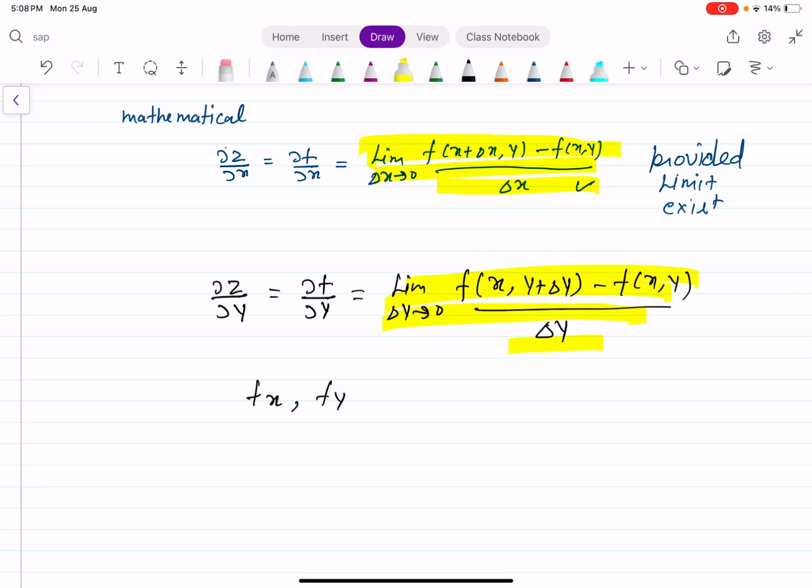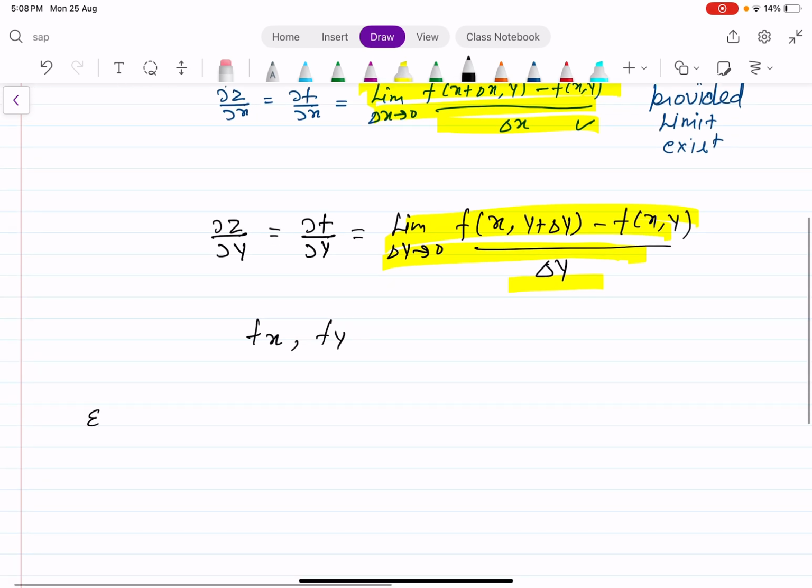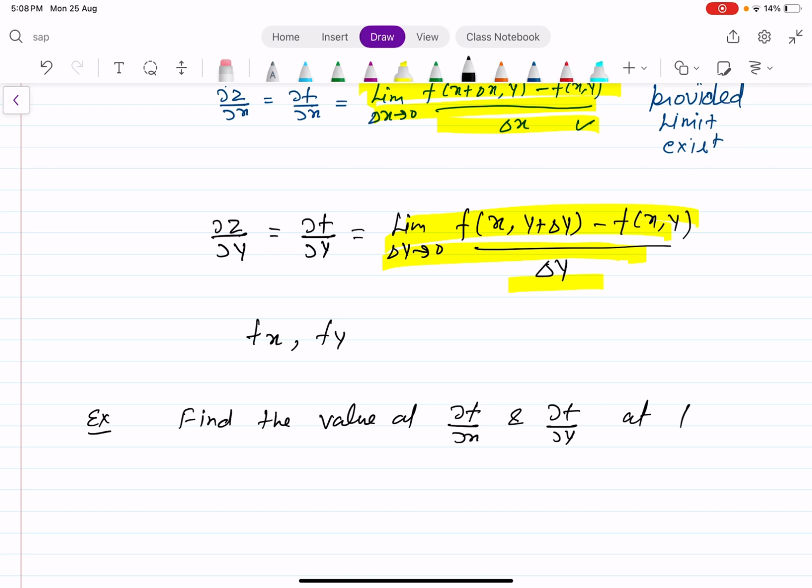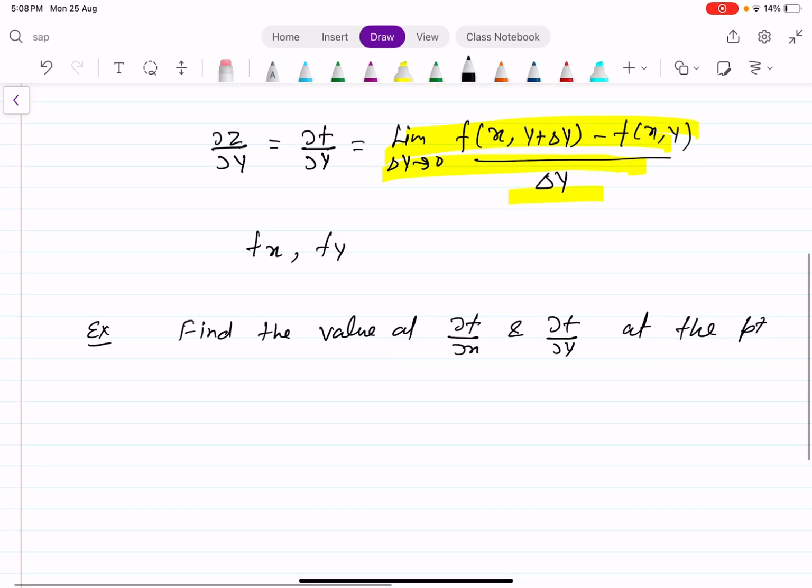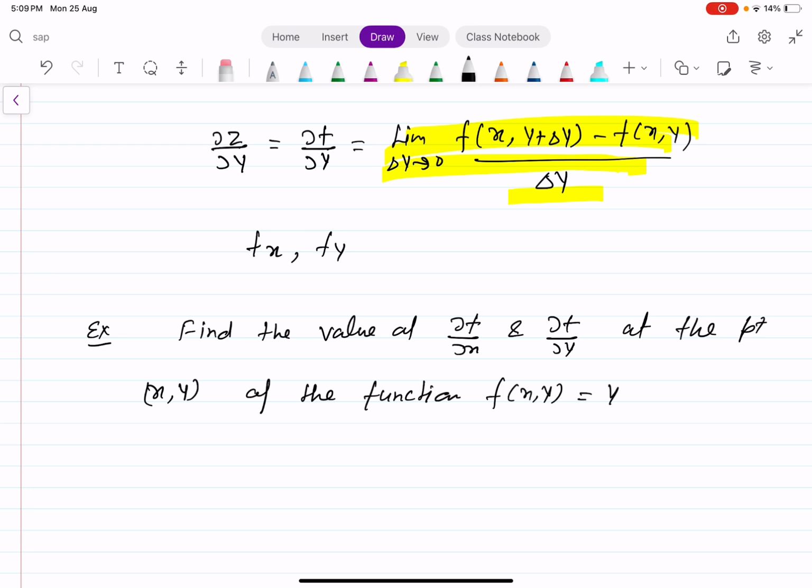Now let's do one example. Find the value of del f over del x and del f over del y at the point (x, y) of the function f(x, y) equal to y e raised to power minus x, by definition.